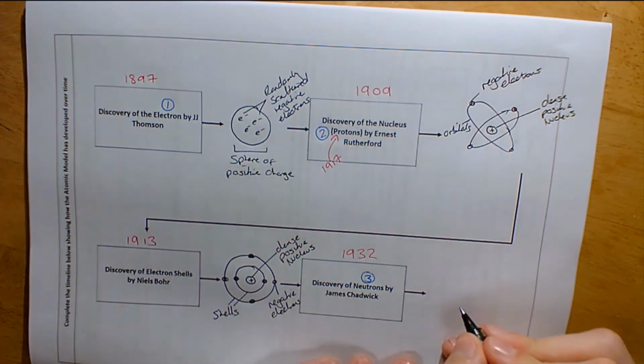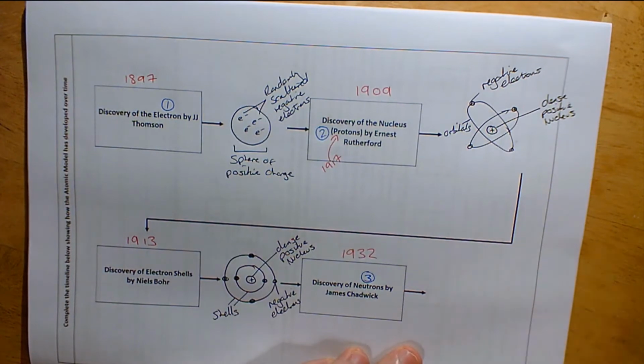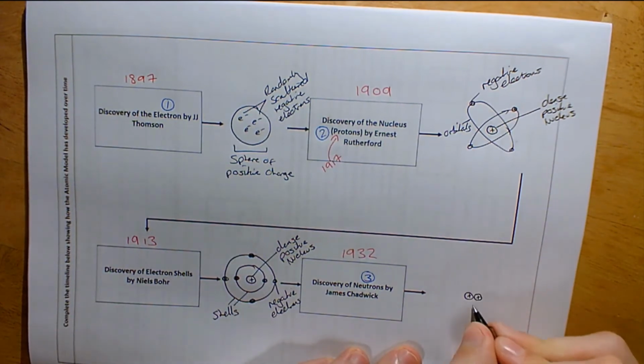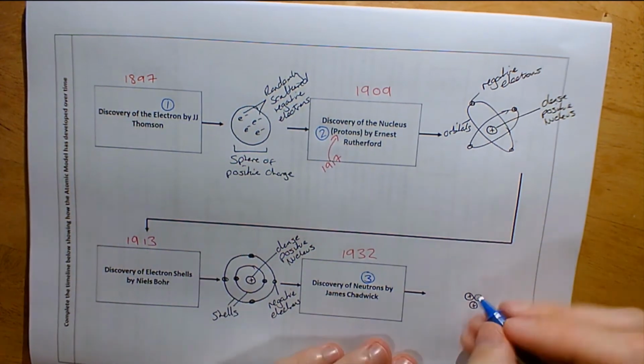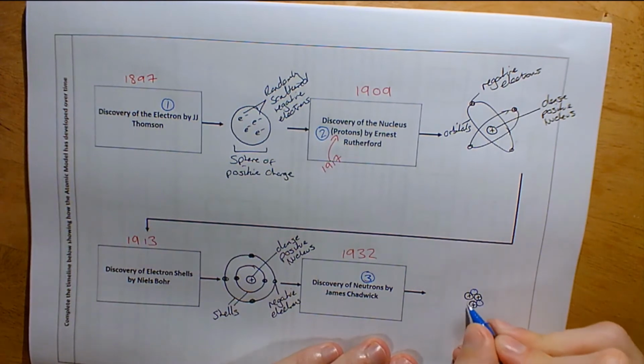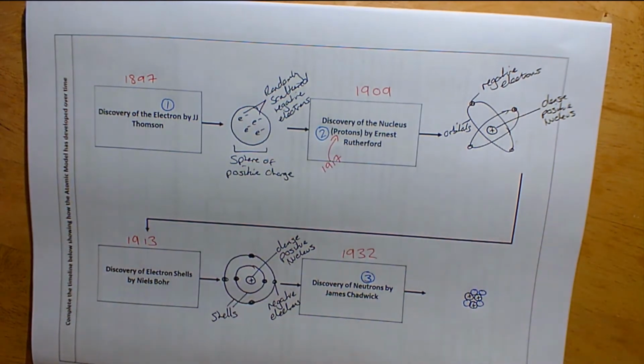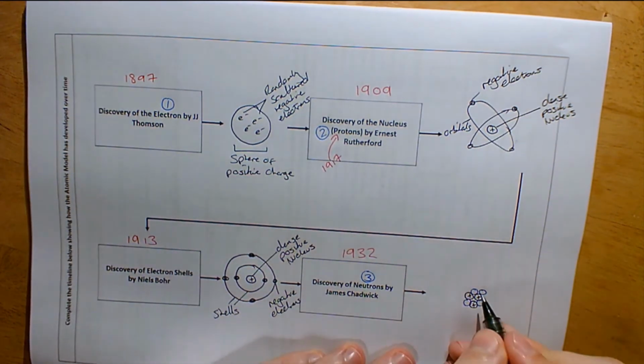So we have in our nucleus, rather than it just being a dense positive nucleus, we have protons. And we also have, for the first time, neutrons, and orbiting around in shells we have our electrons.